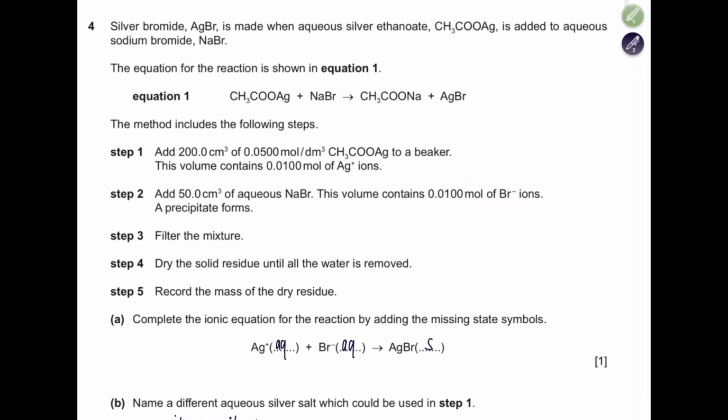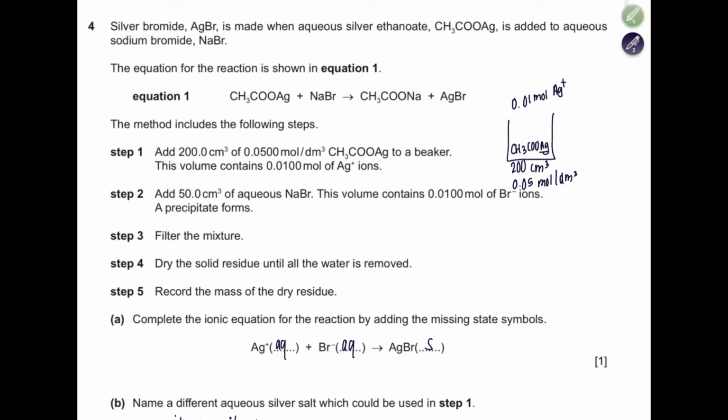Alright, so they're telling us we have a beaker, and in the beaker we are adding 200 centimeter cube of 0.05 mole per decimeter cube of CH3COOAg, silver ethanoate. This volume contains 0.01 mole of Ag plus ions.